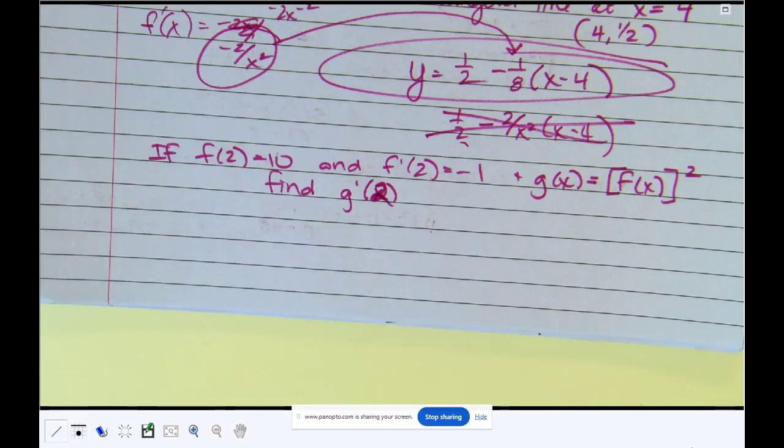Does it say anything about inverse? No, it doesn't say anything about inverses. Are we even doing inverses? The only inverses on there are inverses of inverse trig functions, which is different. That's just a memorized thing. G prime of 2. What's even the point?